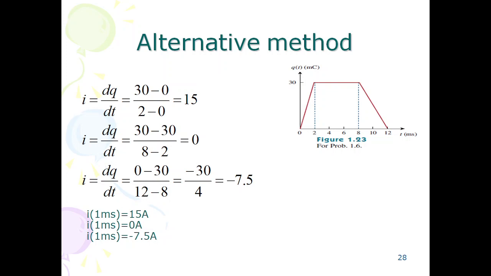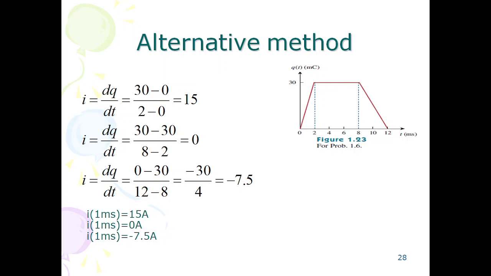Actually, from time 0 to 2 second, change in q is 30, while time is changing from 0 to 2, so i is equal to 15.